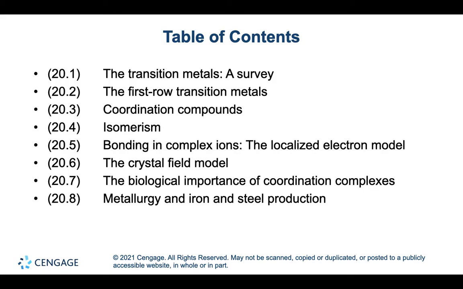We'll look at the biological importance of coordination compounds in molecules such as hemoglobin and cytochrome and myoglobin, and we'll look at metallurgy, which is the science and engineering of ways of working with metals, particularly how to take metal ores, which are compounds, and produce the pure metals from those ores. Probably economically the most important one of those would be the production of iron and steel, so we'll look at that in detail as well.